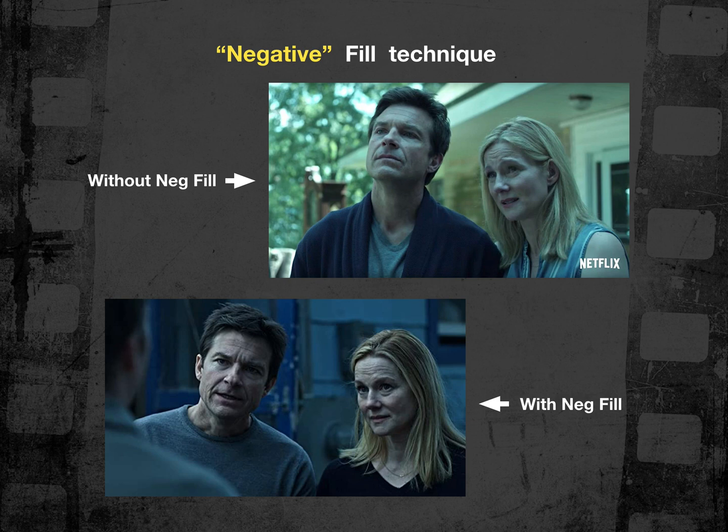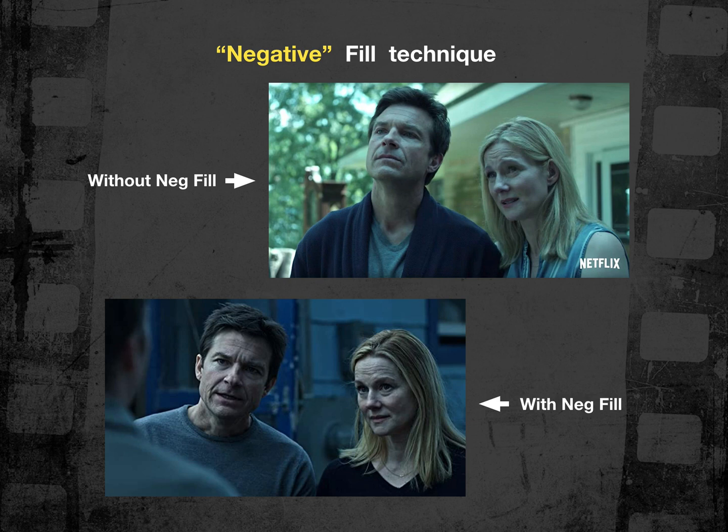And so the mood of the show is often stressful and anxious, and certainly bright and open and airy shots like you see in the top image without the negative fill aren't nearly as effective as when you add the negative fill as in the bottom frame.